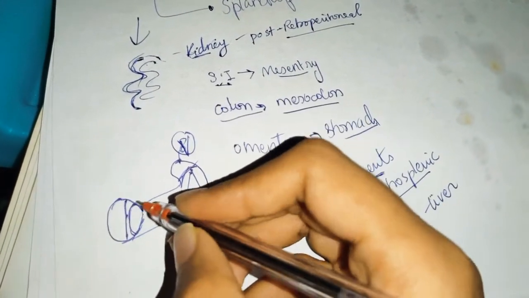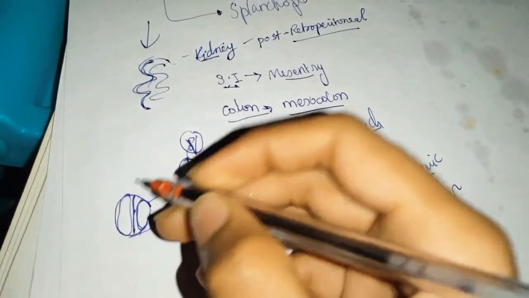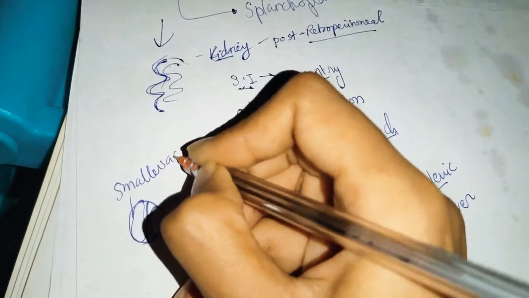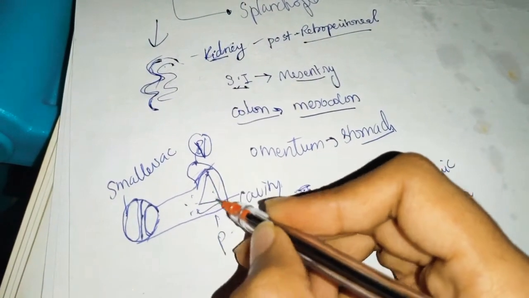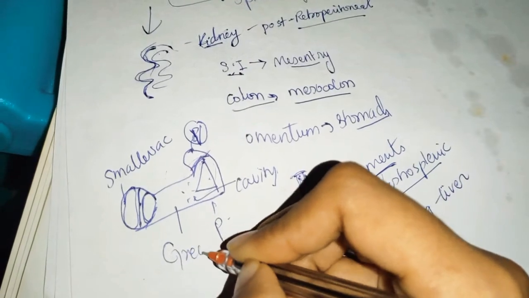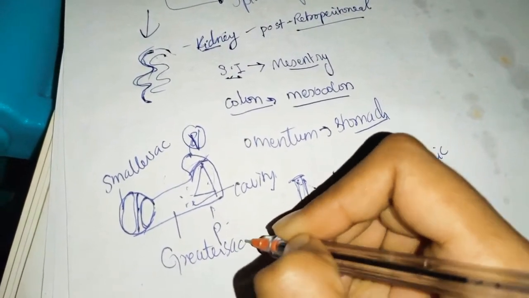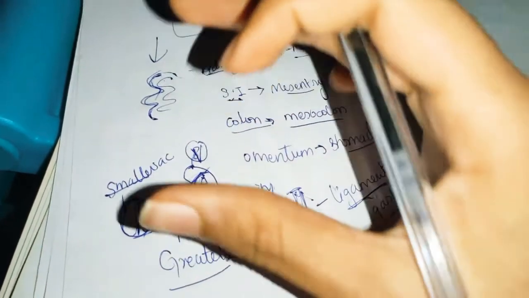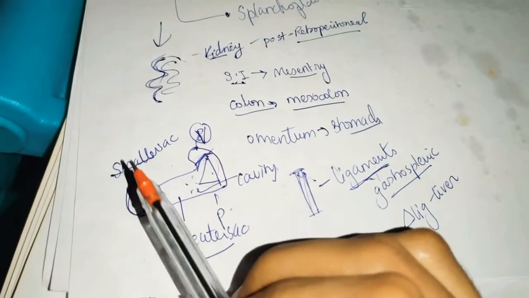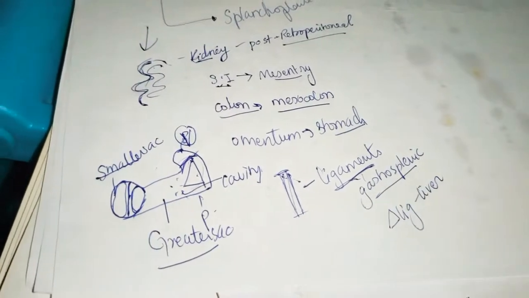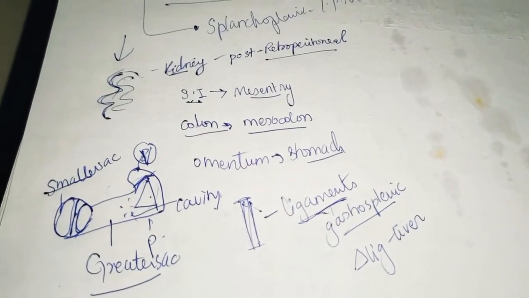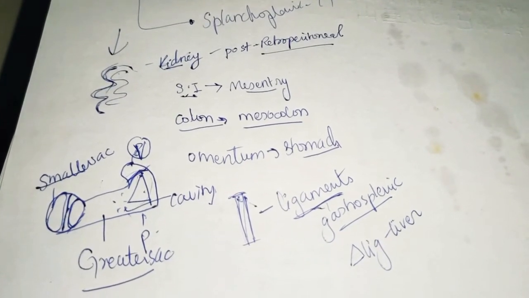Let me mention it here, this is the smaller sac, and the whole remaining cavity around the liver is called the greater sac. So the two sacs are formed, especially whenever the organ is evolving or in adult position. Because of this, there is a formation of smaller sac and greater sac. So the smaller and greater sac are mainly the peritoneal division.